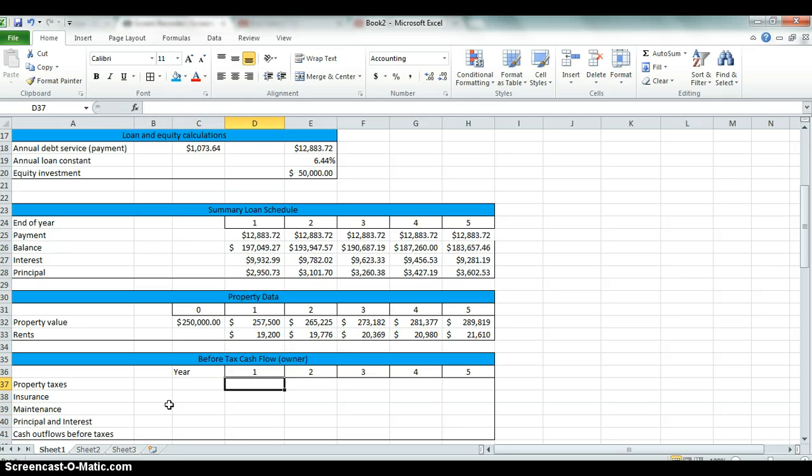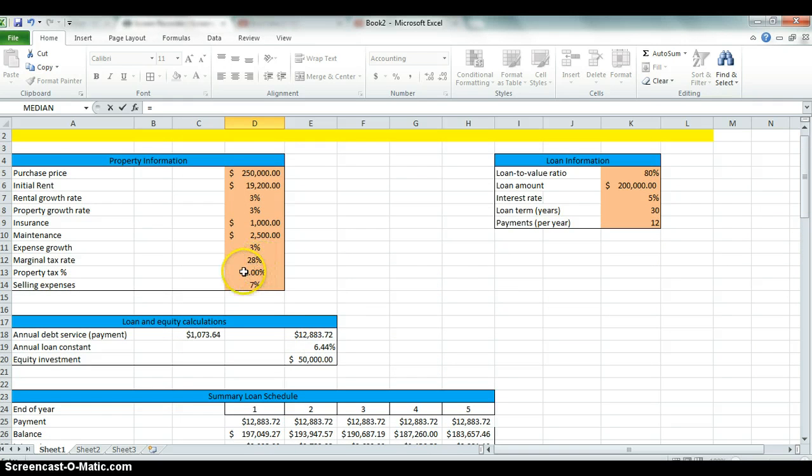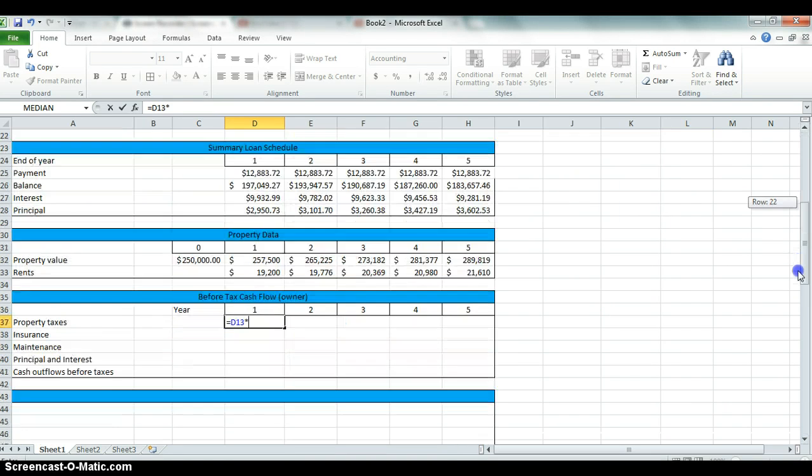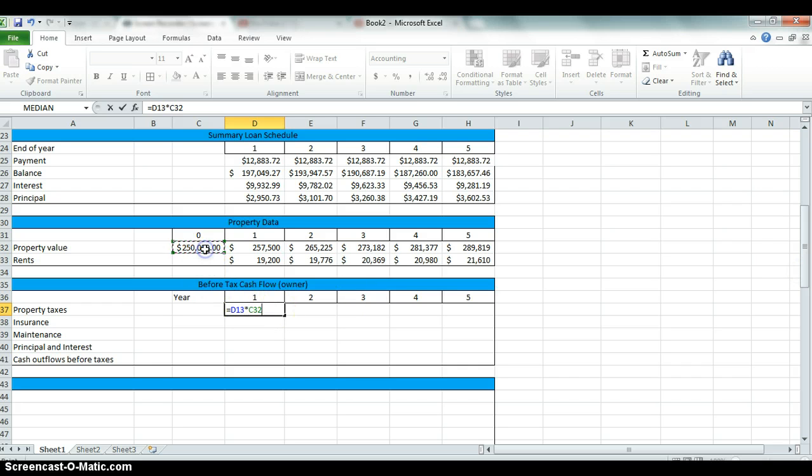For our year 1, we're gonna have that property taxes equal the property tax percentage times the purchase price. Purchase price right there.